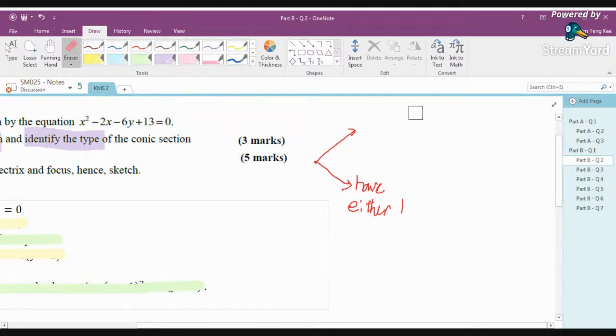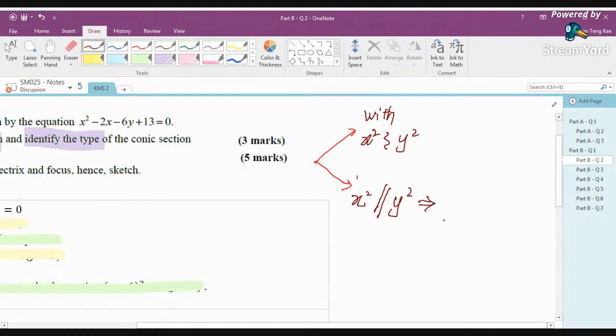Or let me write it more briefly: with x squared and y squared, and the other one is x squared or y squared. This is both, here is one of them. If only one, in our syllabus, for sure it is a parabola.